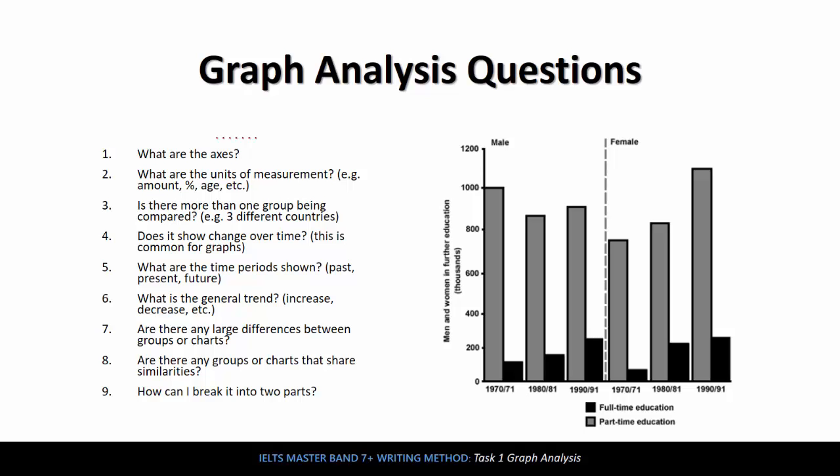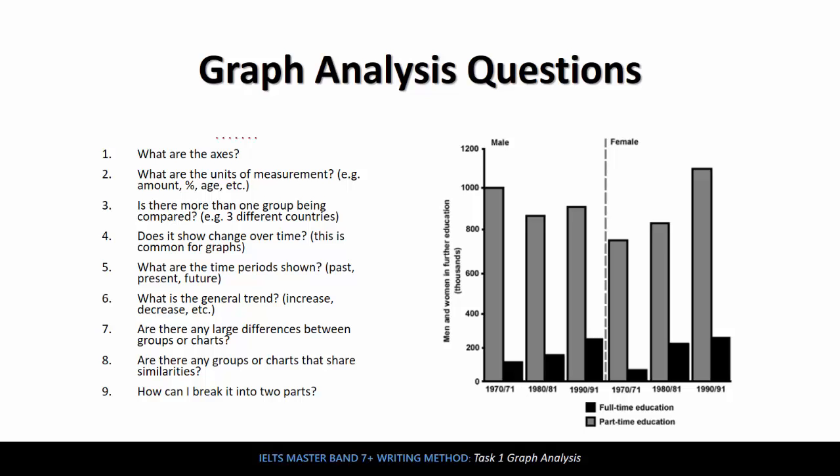First, what are the axes? Well, on the left, we have the y-axis, and that says men and women in further education, thousands. Can you see that? It shows the number of men and women in further education, and we have 200, 400, 600, 800, 1,000, and 1,200, but the unit is thousands.